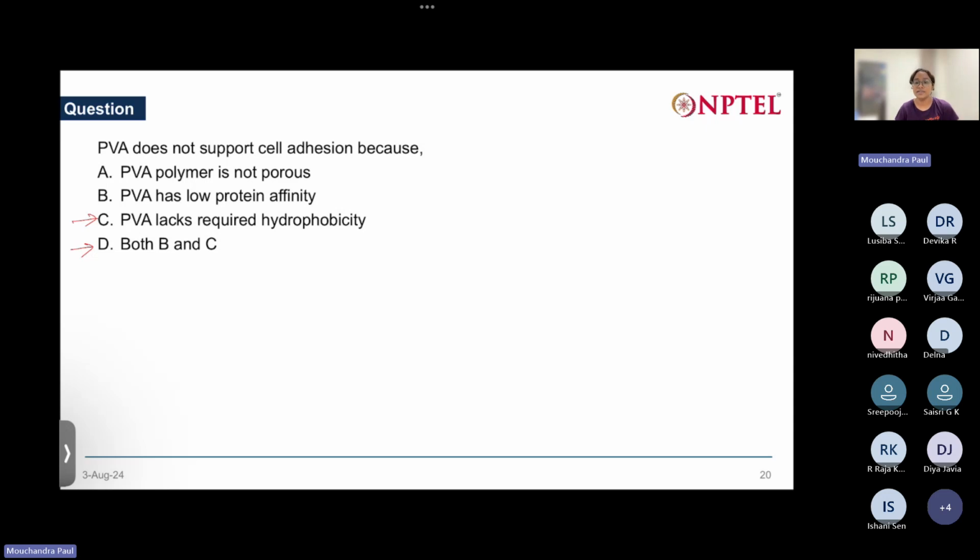We try to balance these two and achieve an optimum level of hydrophobicity or hydrophilicity to achieve cell adhesion. So I hope it's clear to you now why option B and option D are correct.